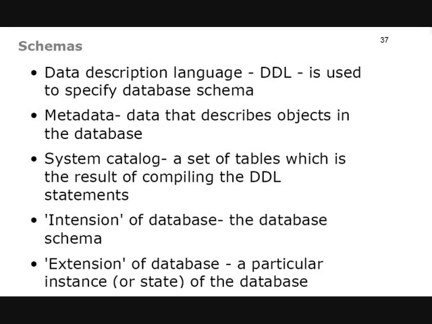And I can create the metadata, the data associated with the data that explains what data I am storing, what types, what constraints there are on it, etc. And that is going to be stored in what we call the system catalog. Every database management system is going to have a user-accessible system catalog which stores the metadata, or the data about the data. And that is the result of compiling the data definition language statements to make up the objects in the database.